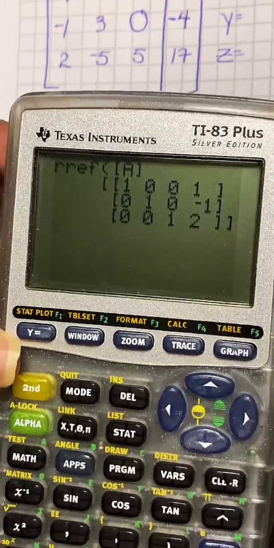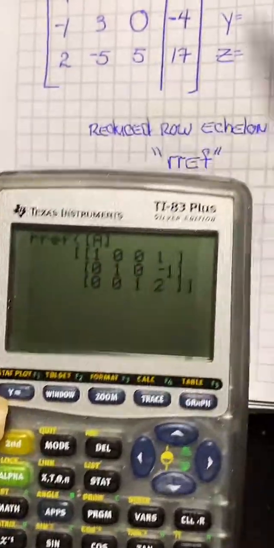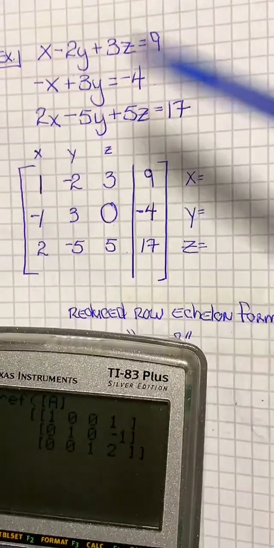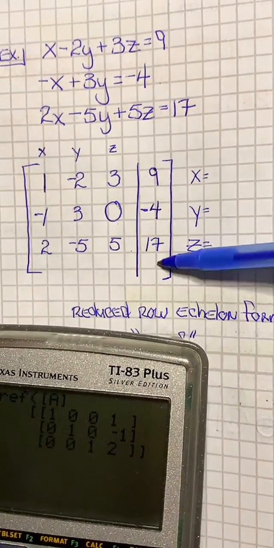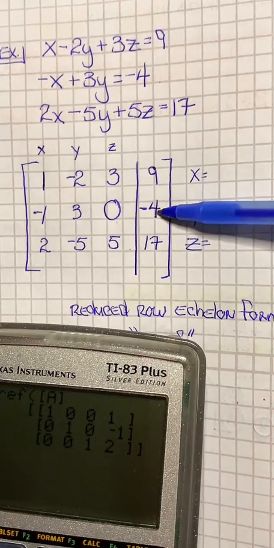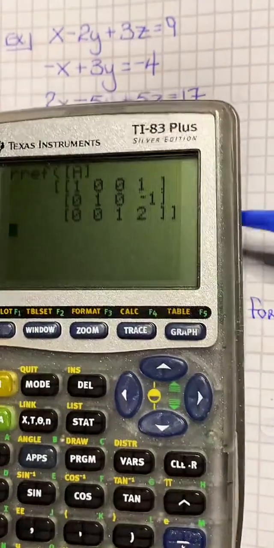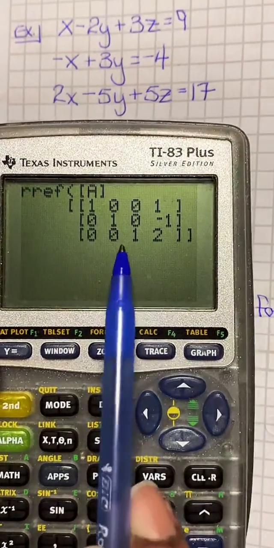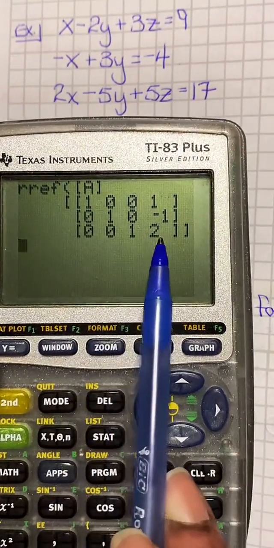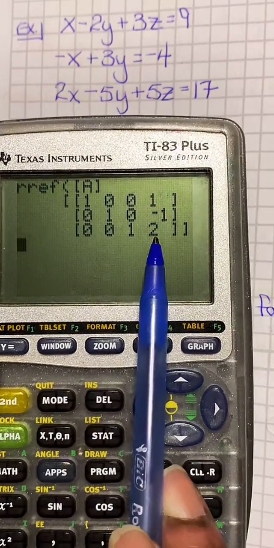All right. So the column, remember we have our answers in that fourth column. It was supposed to equal 9, equal -4, equal 17. Our answers for our X and Y's is going to be in that fourth column.